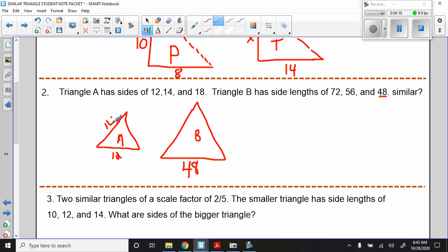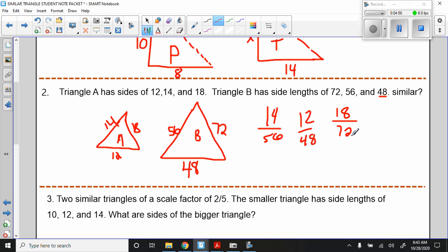So I'm going to put my 14 here, my 18 here, and my medium is the 56, corresponding with my other medium, and then 72 corresponding with my large. Now set up fractions: 14 over 56, 12 over 48, and then 18 over 72.